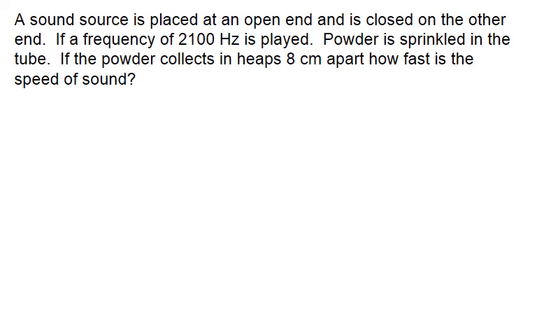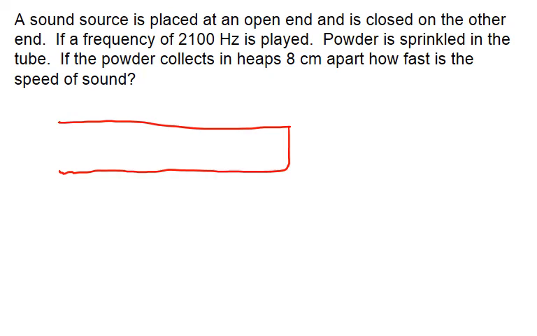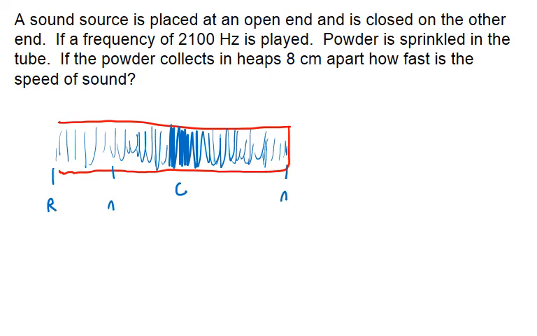All right, so let's say we have a situation here with a sound source played at an open end, and the other is closed, and let's say a frequency of 21 hertz is played, and let's say we sprinkle some powder inside the tube, and we notice that the powder collects in heaps 8 centimeters apart. And we want to figure out the speed of sound this way. And so let's go ahead and draw the pipe. One end's open, the other end's closed.